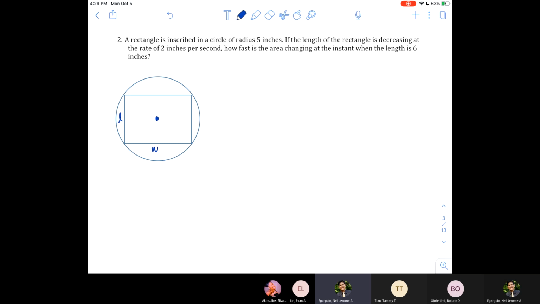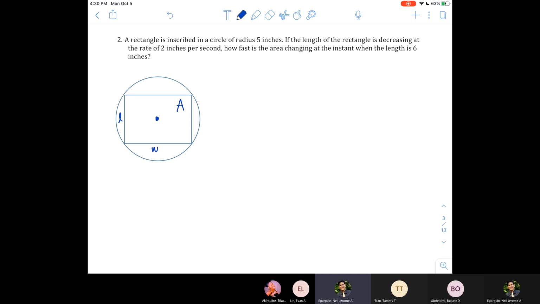Another thing mentioned in the problem is the area of the rectangle, is that right? Yeah. So I'll just denote the area by A. I hope you see here what I'm doing.